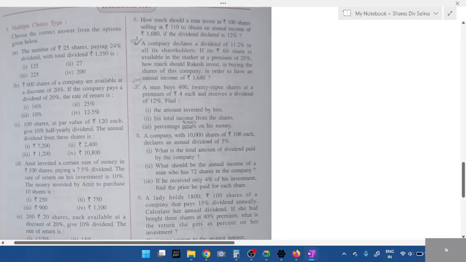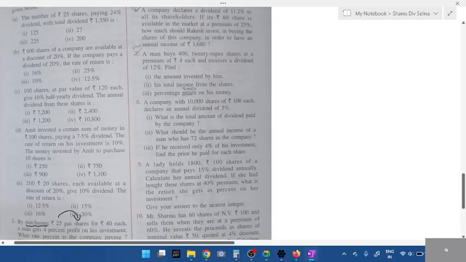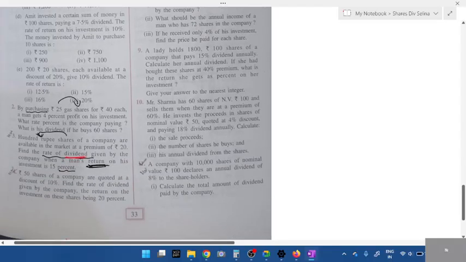Which one did we do last class, can you tell me? Can someone check the notes?